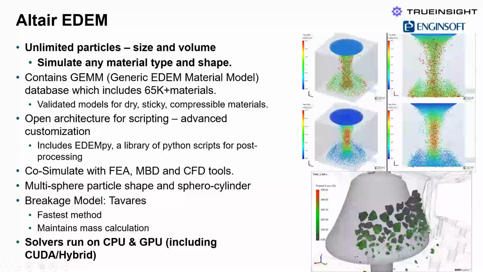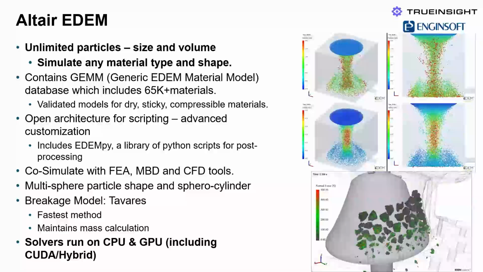So with EDEM, we have what's known as the GEM database. That stands for Generic EDEM Material Model. And there's over 65,000 different types of materials. And these material models, with the characteristics and the shapes and whatever, have been validated.